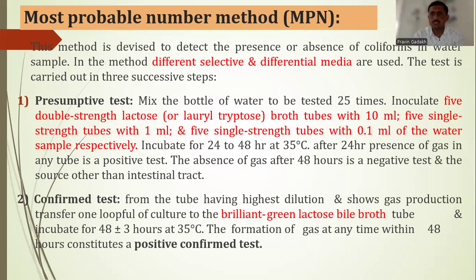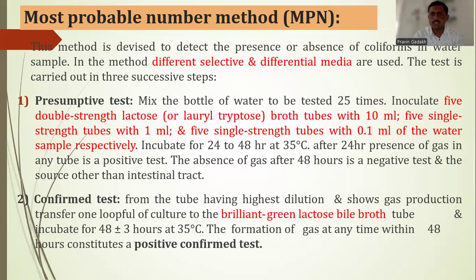The tube which shows acid and gas is considered positive for the presumptive test. Sometimes only acid formation is observed while gas formation is not observed, so that tube is considered negative for the presumptive test.